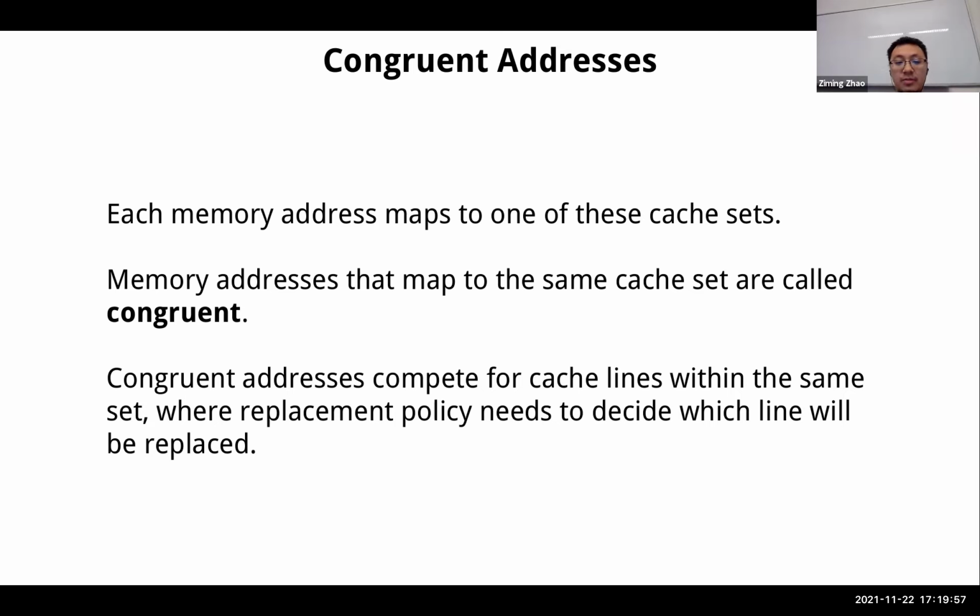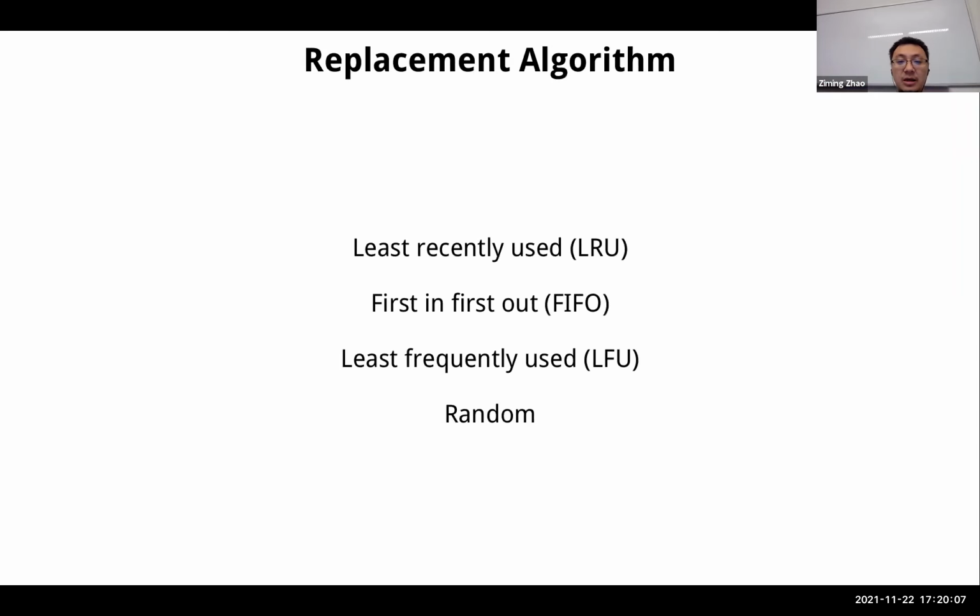There are several different replacement policies to decide which lines to replace when new data comes in. Some popular algorithms: the first one is least recently used. I think this one is implemented in most CPUs.